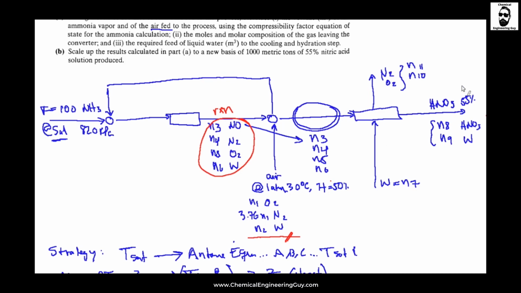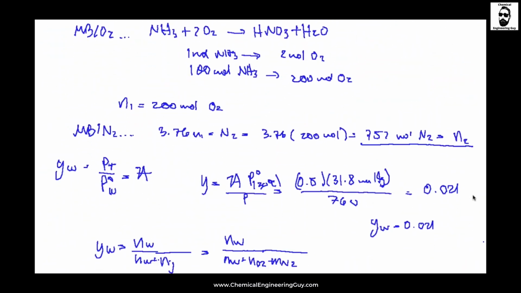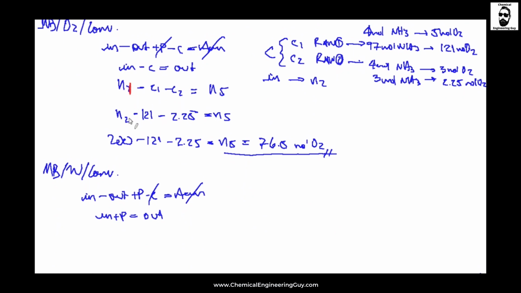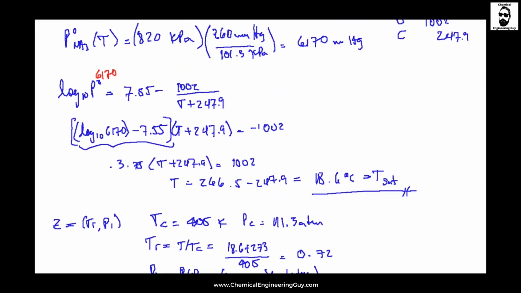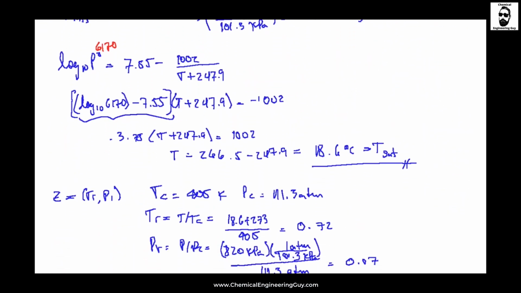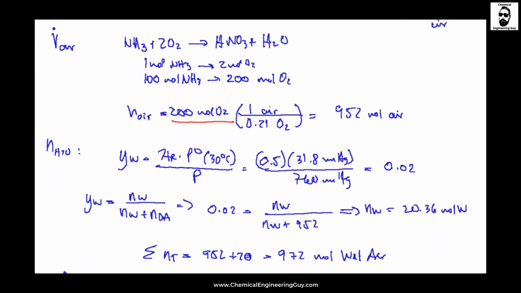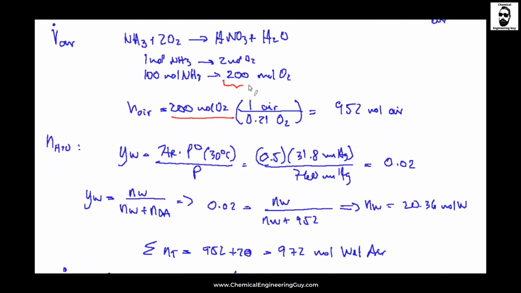Actually, it's not N2, it's N1 here. This is from the previous one. It's N1. This is oxygen. N2 is water. So let me show you where I got this 200. It's a little bit down. Yeah, here. These 200 moles is the one we calculated. So this is N1.